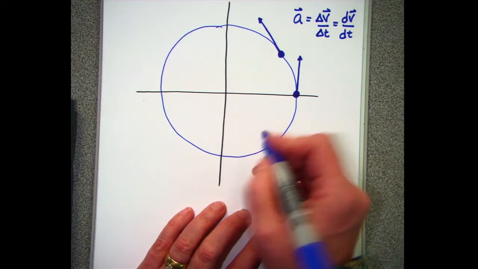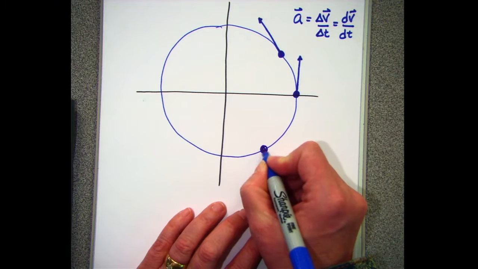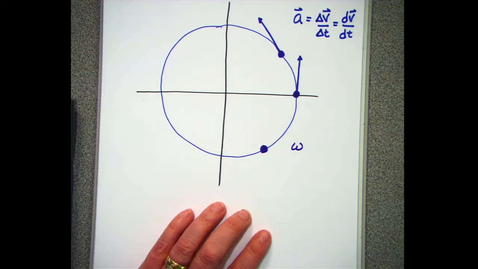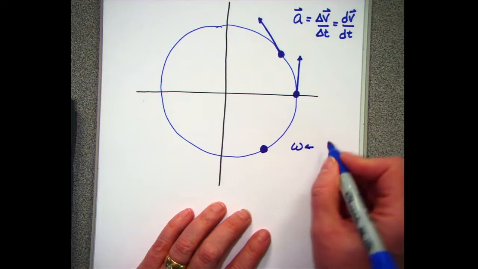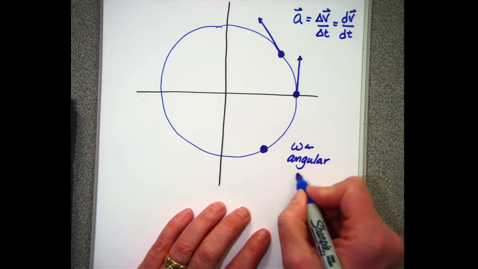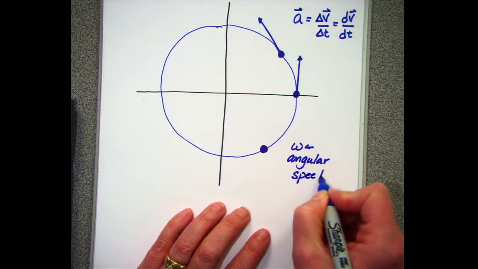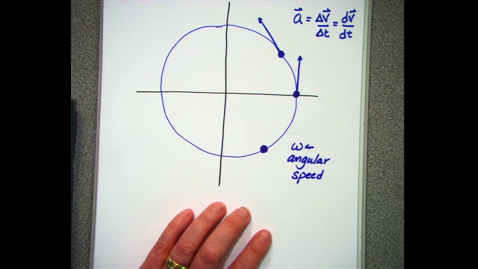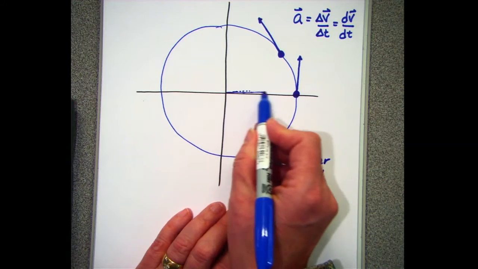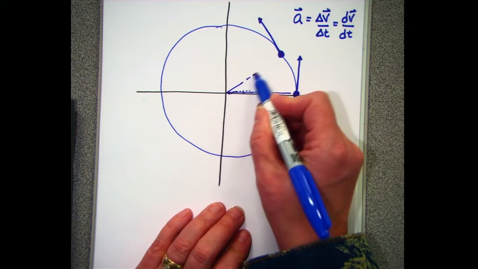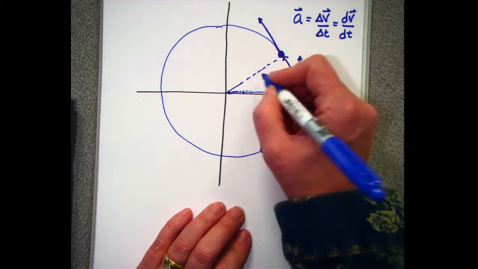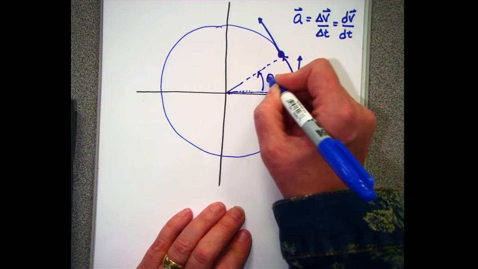I'll get some nice pretty graphics to show you where that acceleration is going, towards the center of the circle. Now, if I'm traveling at a constant speed, we're going to introduce a value, and it's called omega. Omega is what we call the angular speed. If I'm going around a circle, it's heading by a different angle.